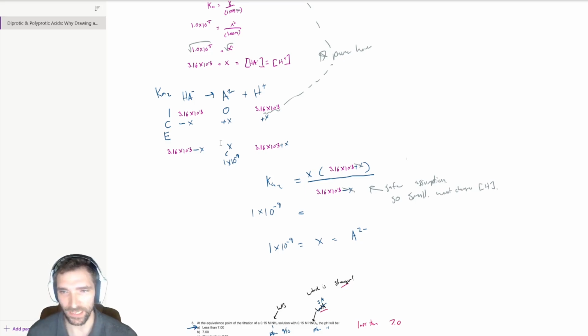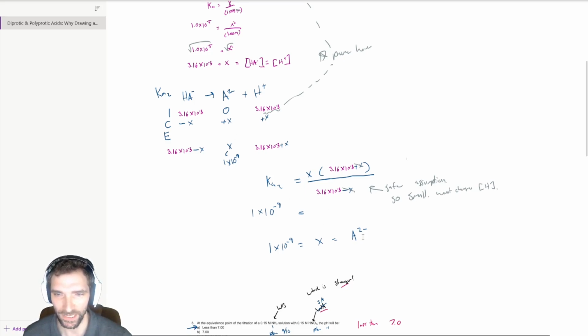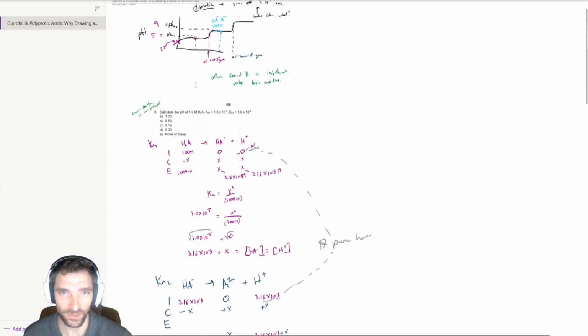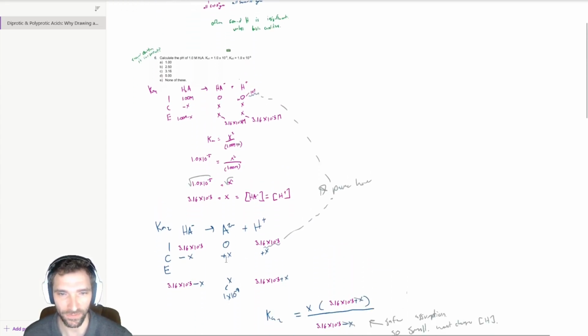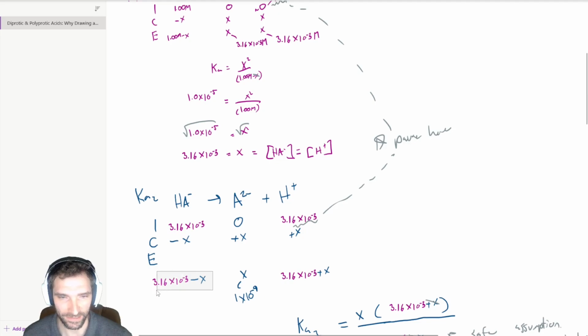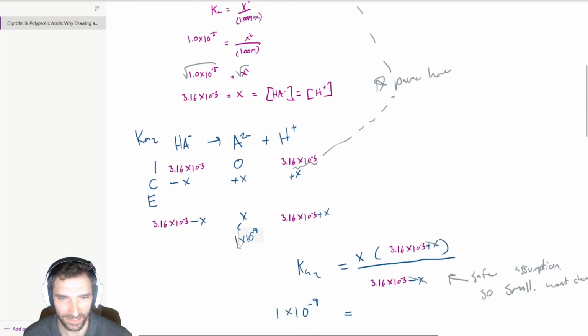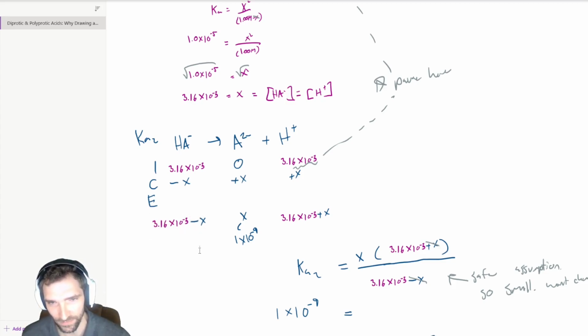So we were safe in our assumption that A2 is present, but in such small numbers that it's not going to affect these final values. If you were to take 10 to the negative 9 and plug it in here, you're still going to get 3.16 times 10 to the negative 3. It's insignificant, so canceling that out is a safe assumption.